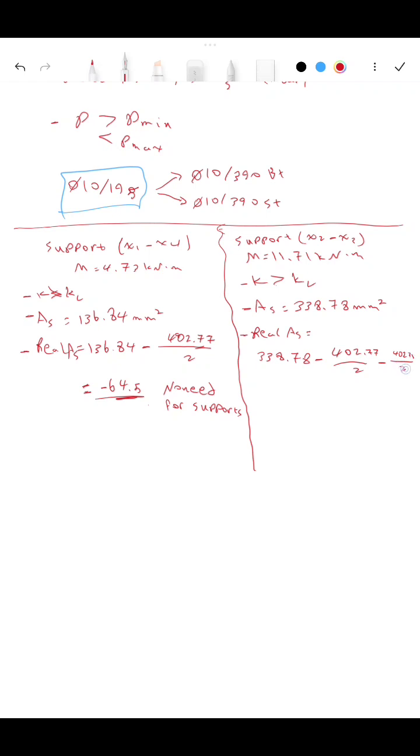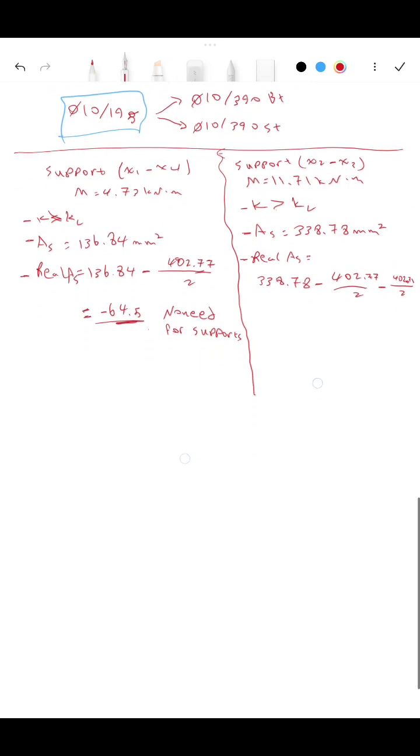So 402.77 divided by 2 minus 402.77 divided by 2 again, and it equals minus 64. So again, no need for supports here. Okay, we are done with this point.